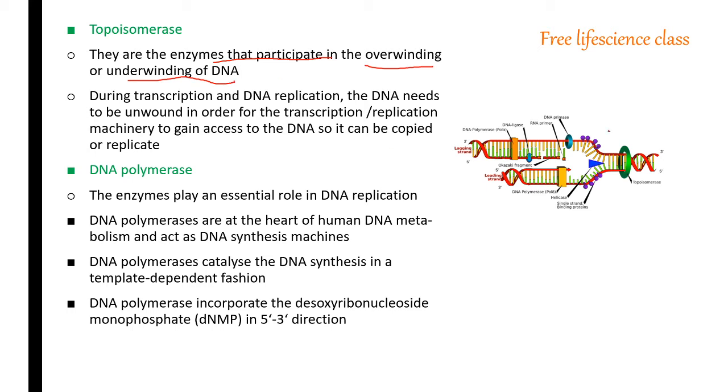That means when you open the DNA strand, if this is your double helix, and you are opening the DNA strand, what will happen? Coiling of this region will take place. That is, this region will become highly coiled.